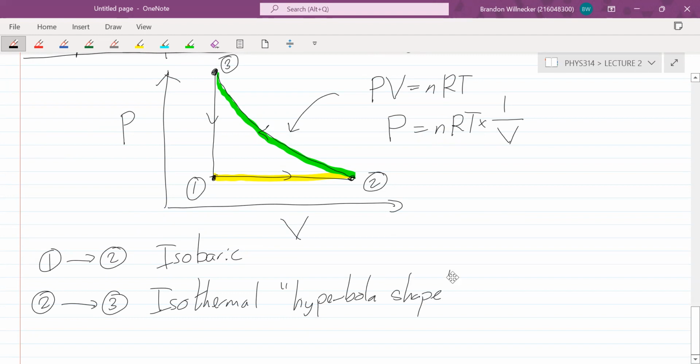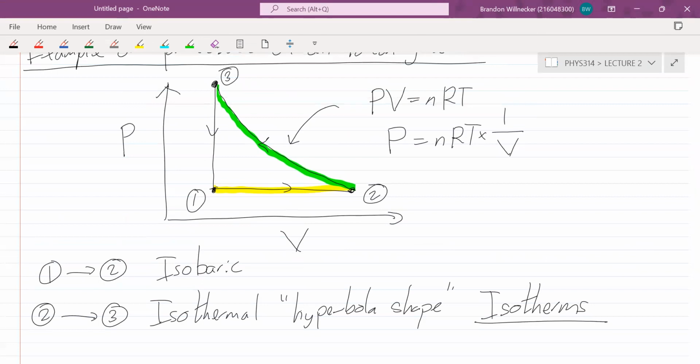Instead of saying hyperbola shape, we give it a nicer name of an isotherm. Those lines of constant temperature, in other words the hyperbola lines, we call isotherms.